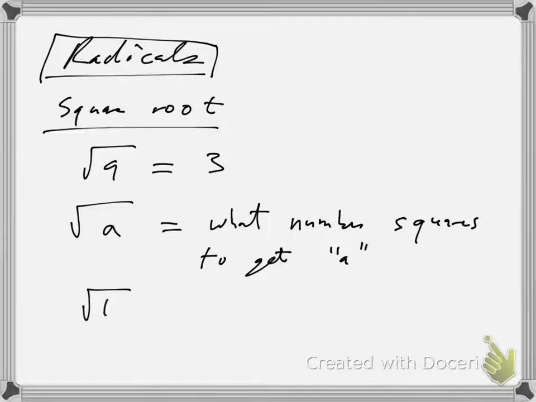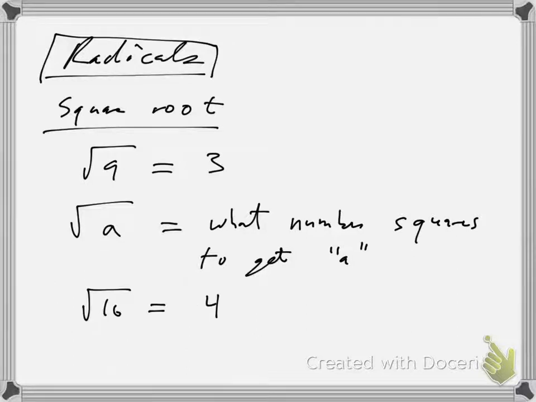Okay, so square root of 16. What number squares to get 16? 4. Notice we always take the positive version of the thing that squares, because -4 squared would also be 16, but we always take as a convention the positive version of the answer.